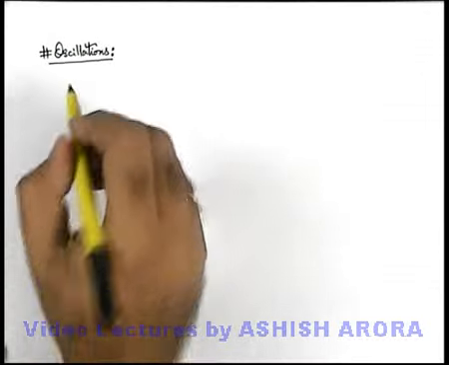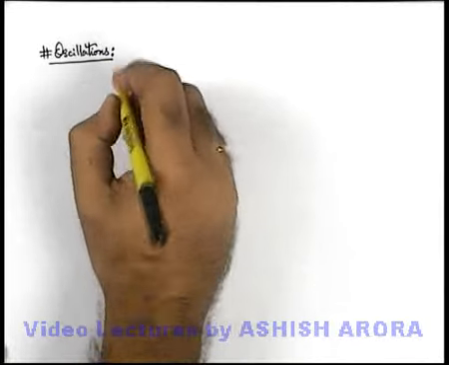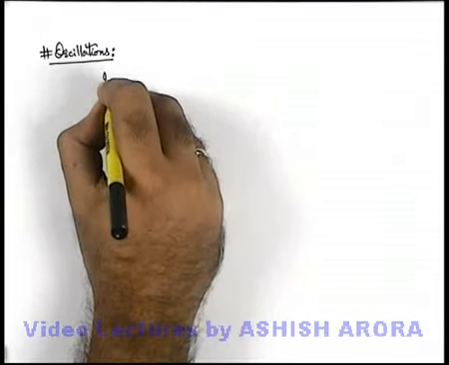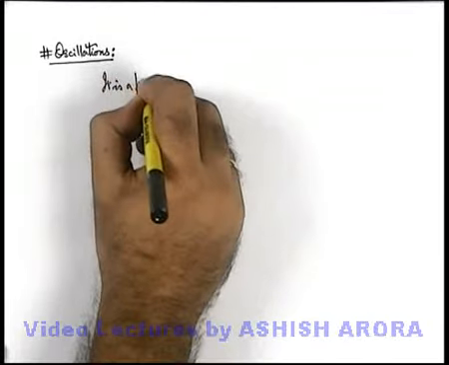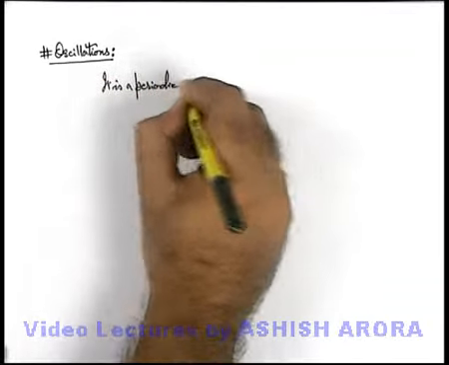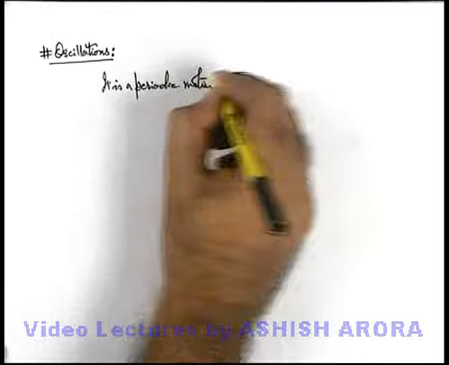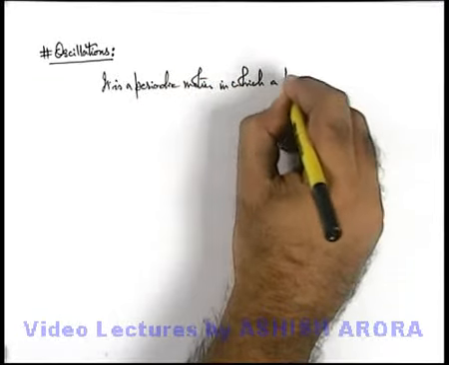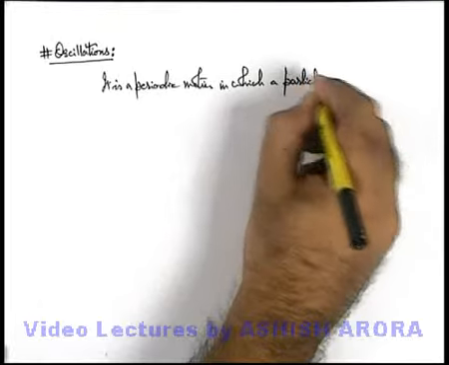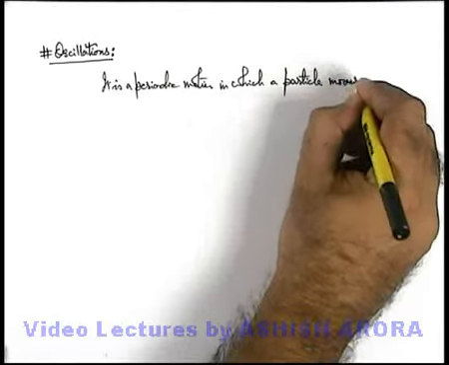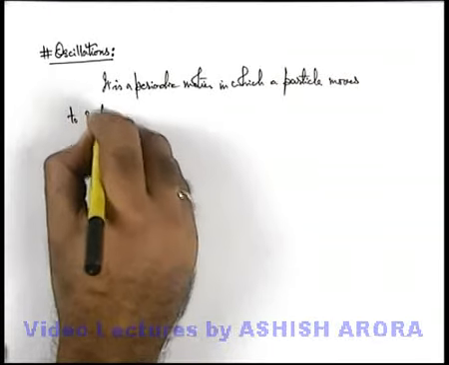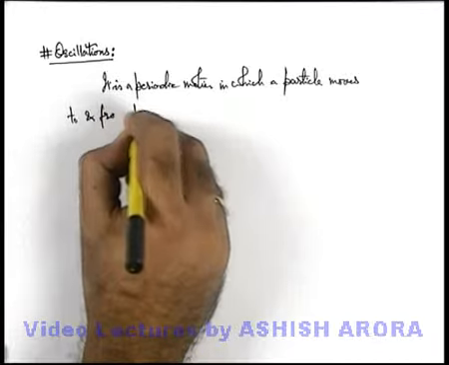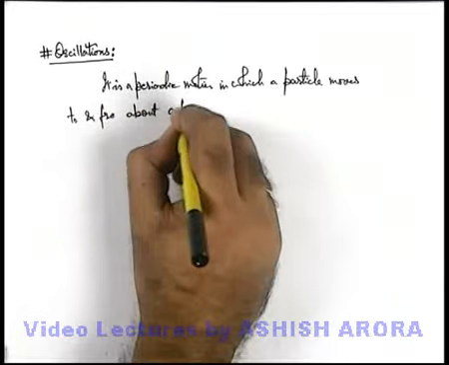After periodic motion, if we study oscillations, we can simply state it is a periodic motion in which a particle moves to and fro about a fixed point.